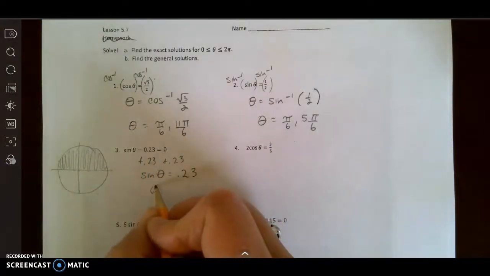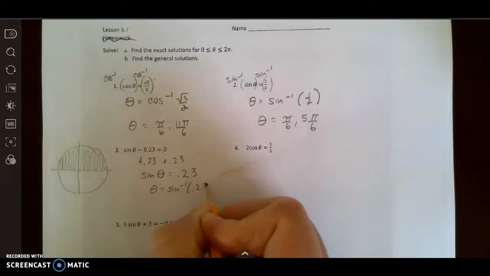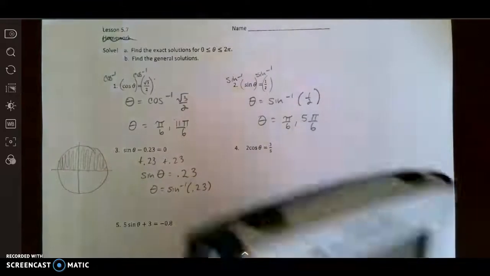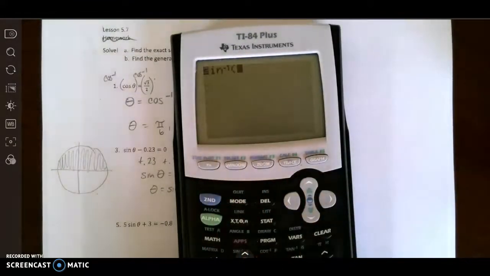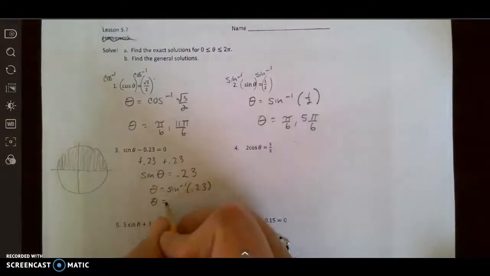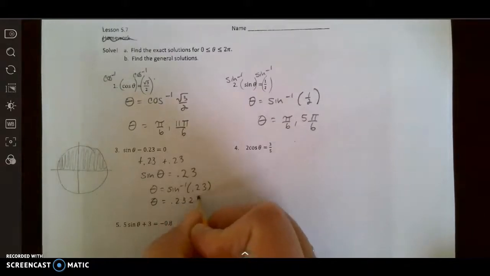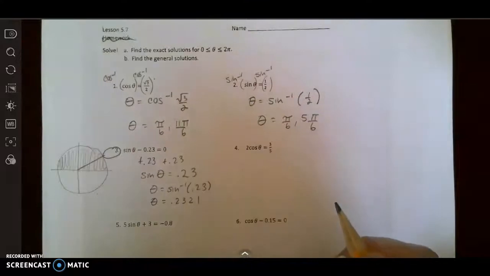So when I take the inverse of 0.23, I'm going to use my calculator. Inverse sine of 0.23, and I get, I guess we'll still do 4 decimal places, 0.2321. So theta equals 0.2321. That would be my quadrant 1 answer.